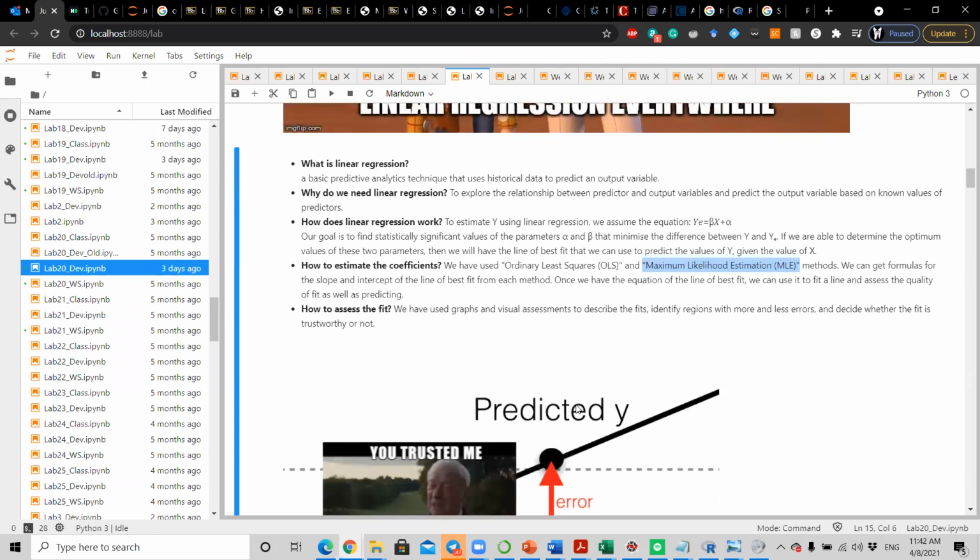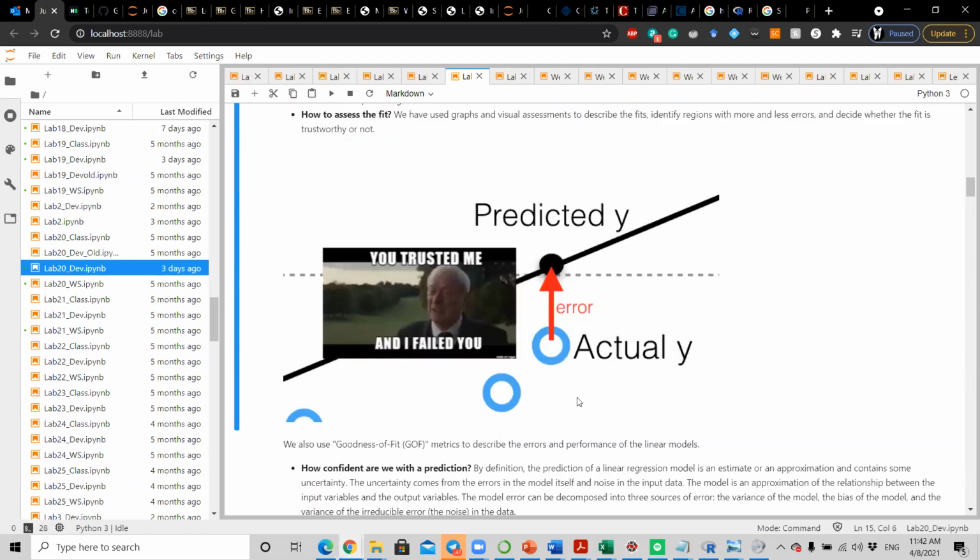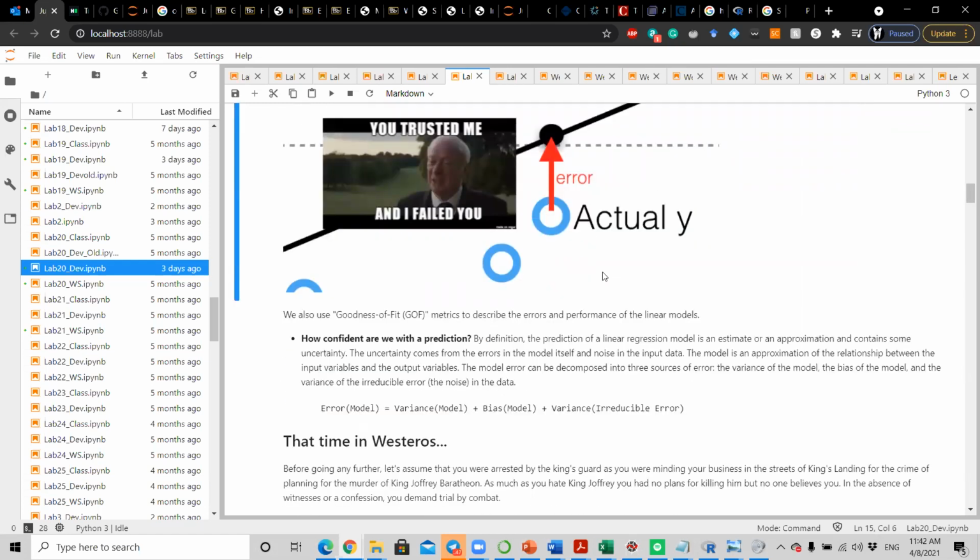Okay. Now, do you remember this? The line of fit, the actual values, and then this difference we would call the error. So the difference between the estimated points by the model and the observed sample was the error. So the next question is, how confident are we with a prediction?